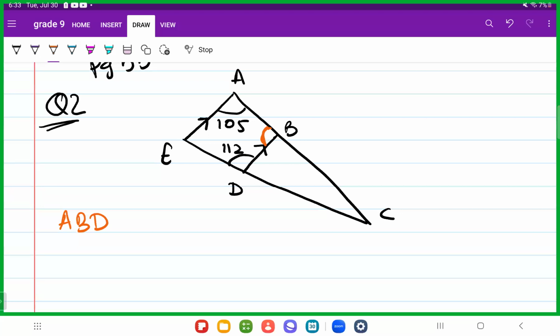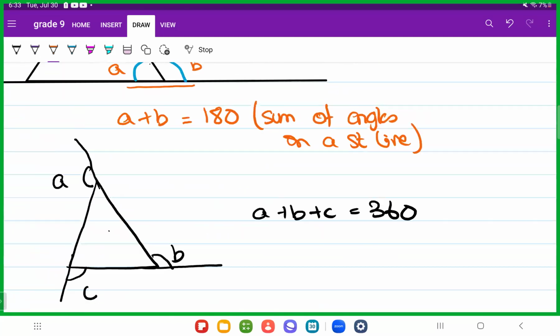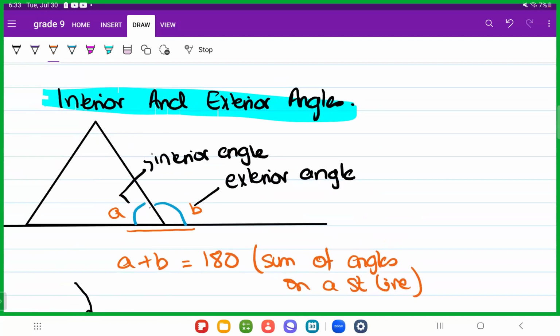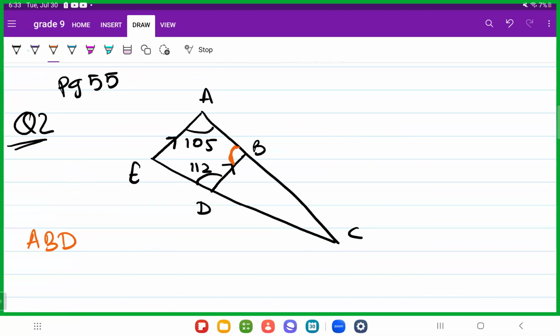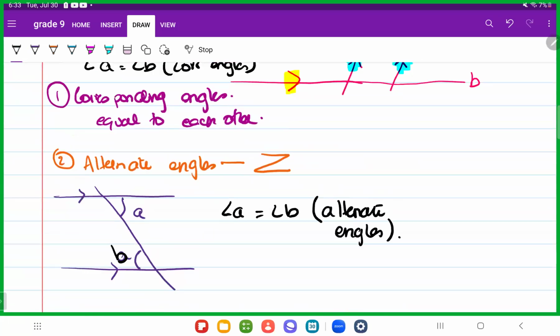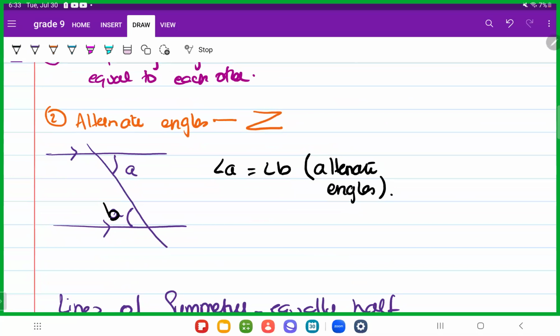Miss, what angle do I find first? Okay, so when we did exterior angles, I also want you to know that if there are parallel lines, all right, so for example, I have two parallel lines, there is another property in parallel lines, which is the interior angle property.